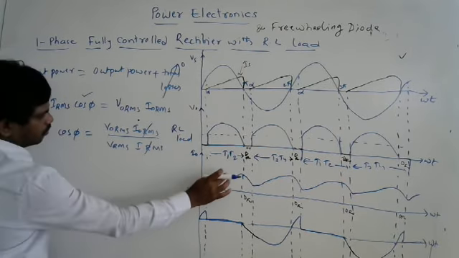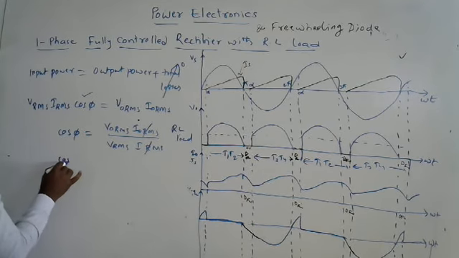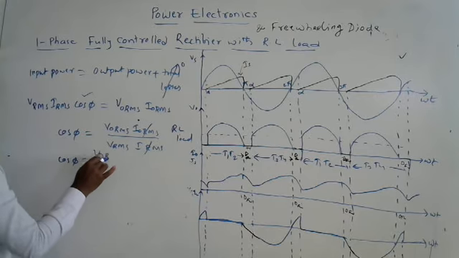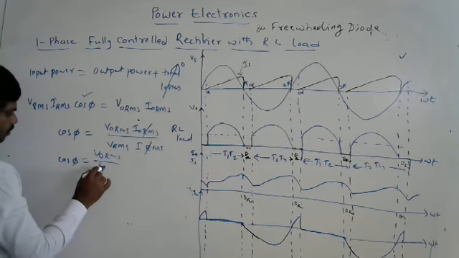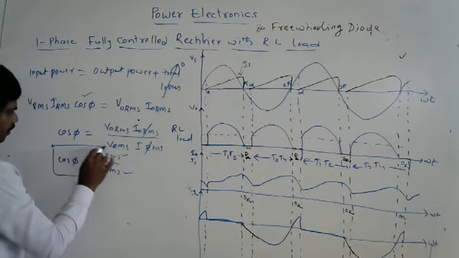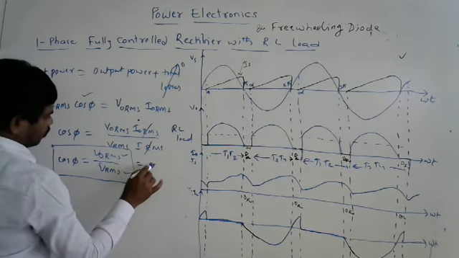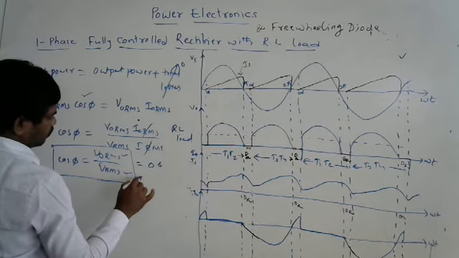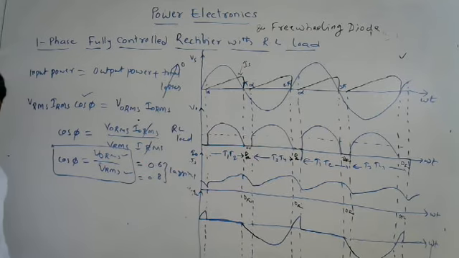Here cos phi is equal to V naught RMS upon VRMS. When you know these two values, you can get the input supply power factor. Generally, for an RL load, cos phi is around 0.62 to 0.8 lagging, right? Please remember this.